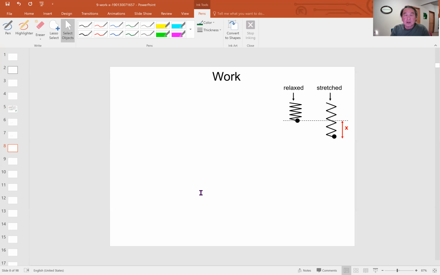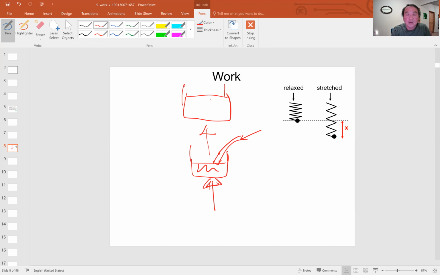In the bucket analogy, the pipe is pumping water in constantly as we lift the bucket up, so it's getting heavier. The force as it goes up, the weight, increases constantly. This is exactly how the spring works.